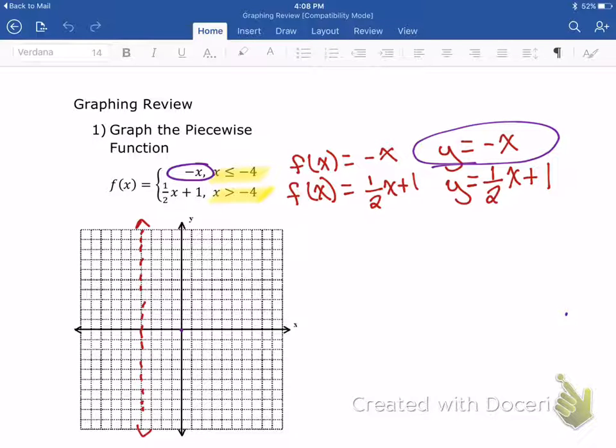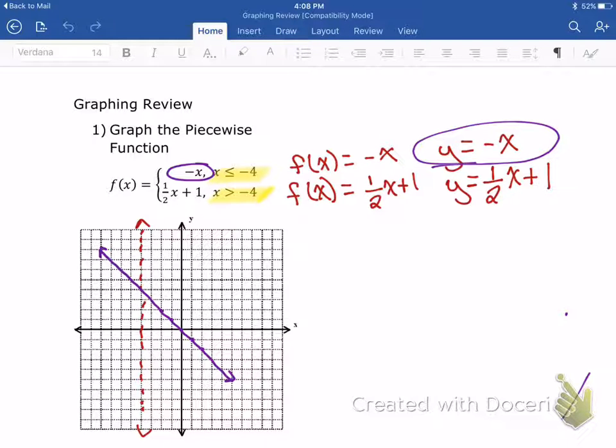So I'm going to go down 1 and to the right. So there's my dot. I can also go up 1 and over 1. So up is positive, to the left is negative. And so I am going to graph my entire y equals -x function. So that's what I've done in purple, is I have graphed the entire function.